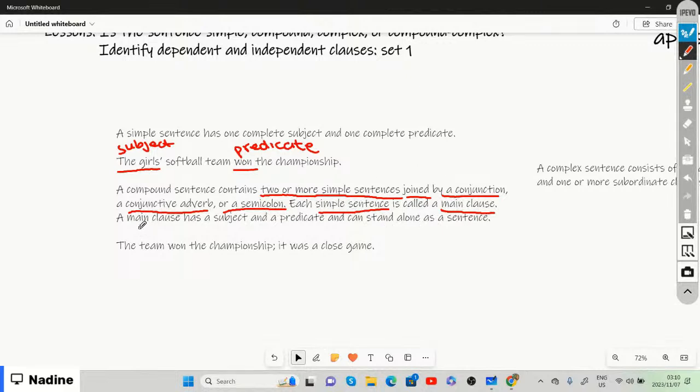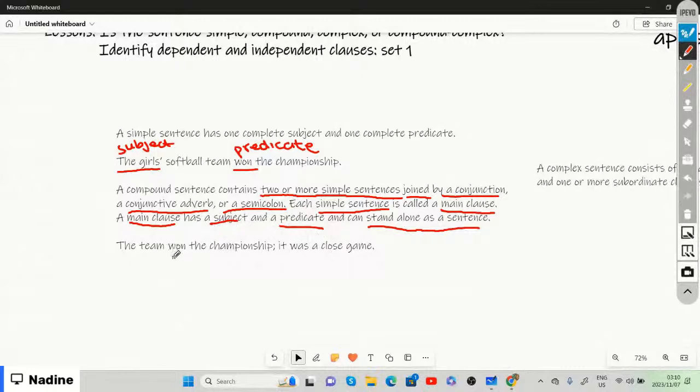A main clause has a subject and a predicate and can still stand alone as a sentence. In this case, the sentence is joined by a semicolon.